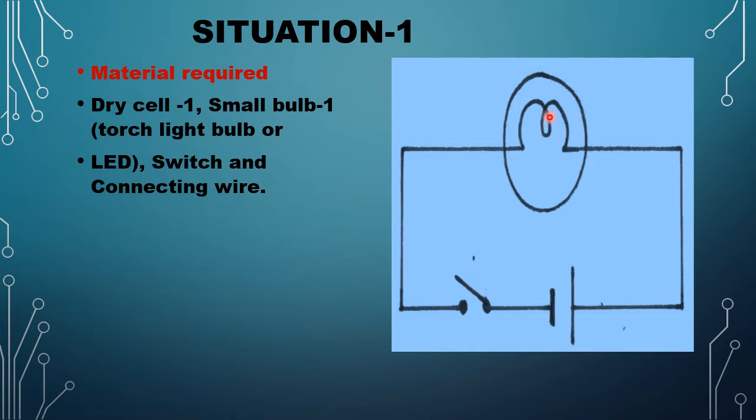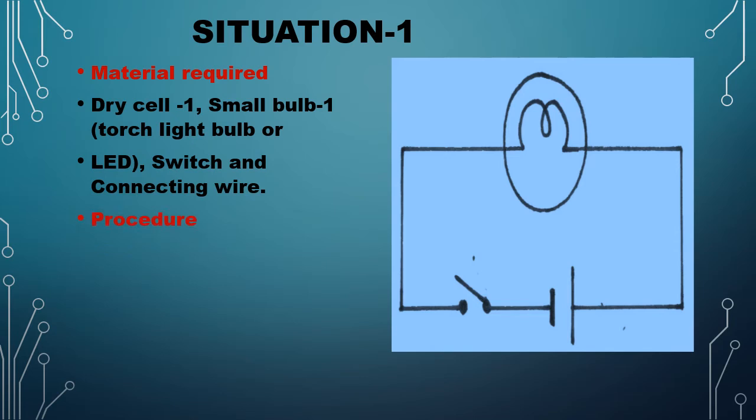These are required for a simple circuit. If the switch is closed, or if the switch is on, then the circuit is closed and the bulb glows. You learned this in the previous classes, isn't it?